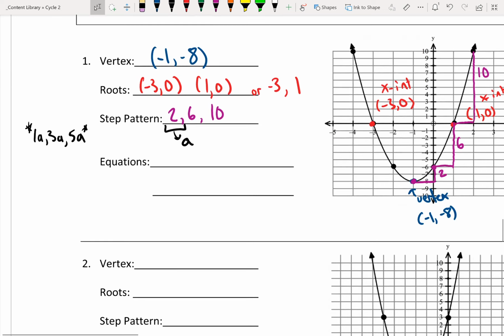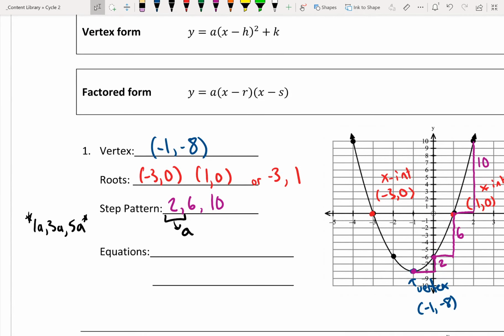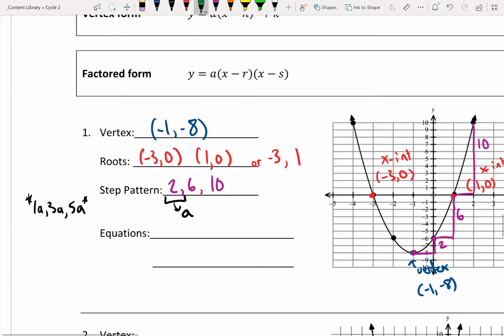All right, so we need our two equations. Again, vertex form, y equals a(x minus h) squared plus k. And the factored form, y equals a(x minus r)(x minus s). Slightly different from what we saw, but again, as long as you recognize that the signs are the opposite. So let's start with our vertex equation first. y equals a, which we know is 2 from the step pattern. x stays general, minus h.